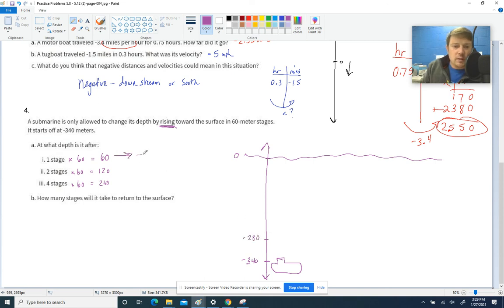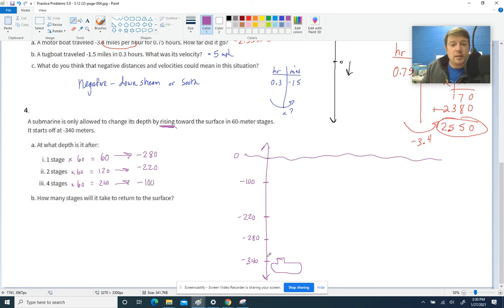So the first stage, I would be at negative 280 because I went up 60. And then 2 stages up from there, that'd be another 60, that'd be negative 220. So that's where it would be after 2 stages. And then 4 stages, 240 from there would be at like negative 100, which would be roughly about here, right? Because I'm adding up 240 from there. So that one would be negative 100.